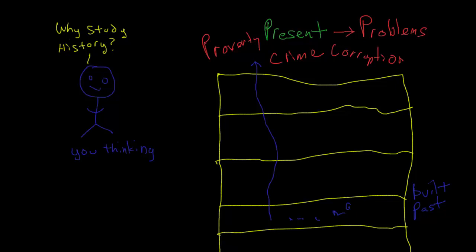Now, why would you want to go back and find out what happened on those bottom floors? Well, here's what happens: when we start trying to find solutions for poverty, crime, corruption, or other things that are going on in the present, wars between countries, things like that, very often people go back to the past to look for the causes.